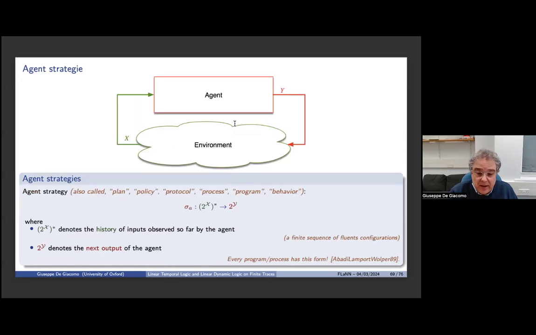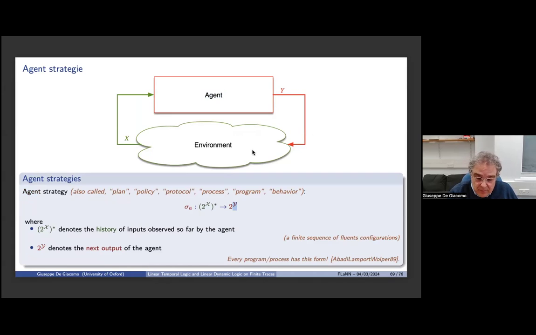What we want is to synthesize the strategy for the agent. So we want to synthesize a function that reads the history, what has happened. In fact, it only needs to be the input coming from the environment, and it returns what the agent does, what are the actions that the agent does.